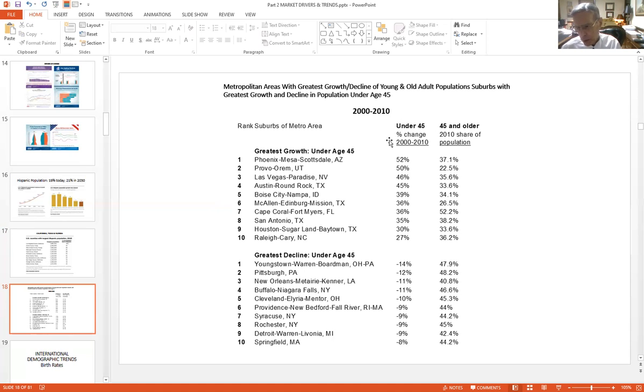The proportion of people who are under 45 years old grew between 2000 and 2010 pretty rapidly in these cities, including Raleigh, North Carolina, where this university is located. On the other hand, that same population group dropped. It didn't increase, it decreased in these locations.